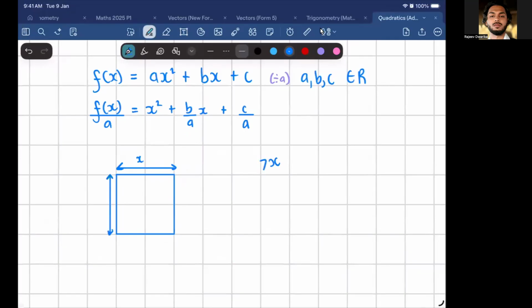7 blocks of x. Say that again. 7 blocks of x, right? And each block of x would be 1 by x, or you could think about it like x by 1. Yes, sir. And another way you could think about it is x by 7.